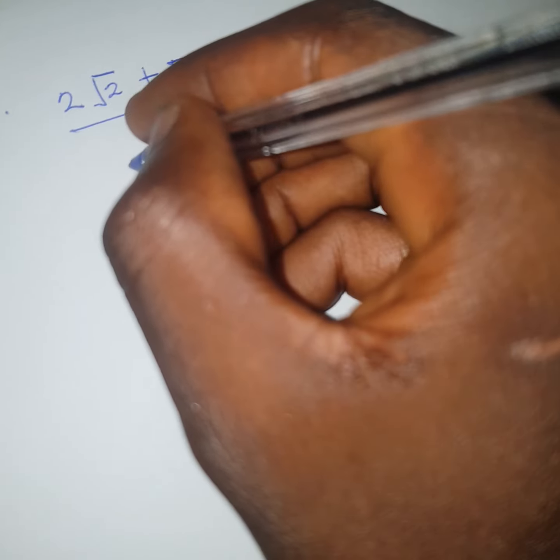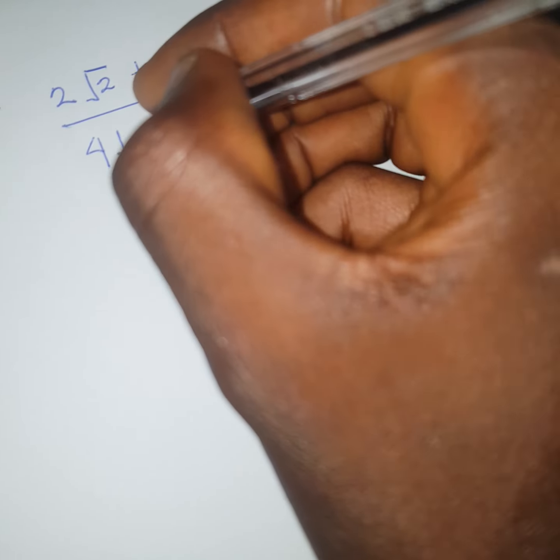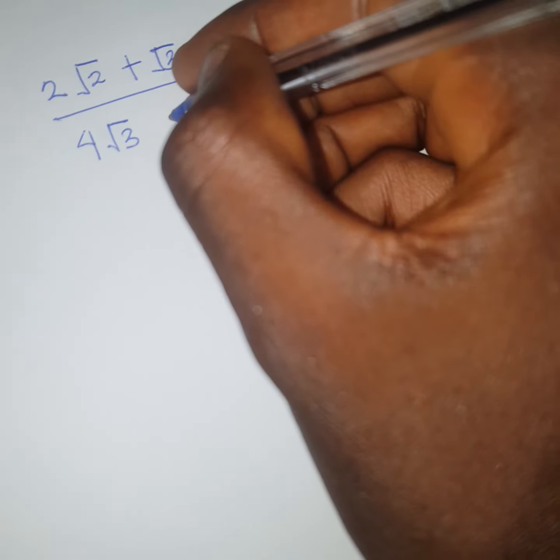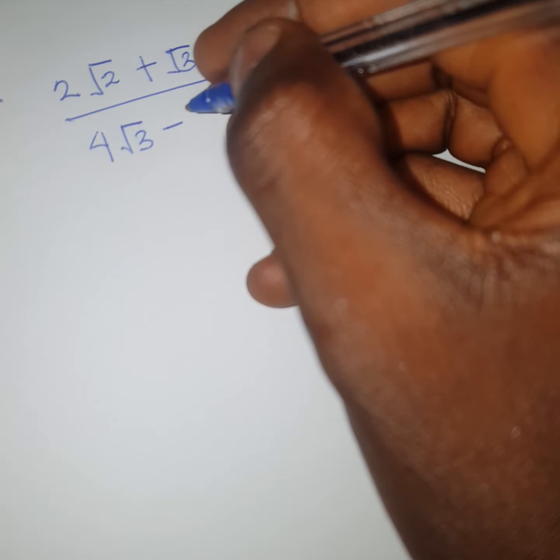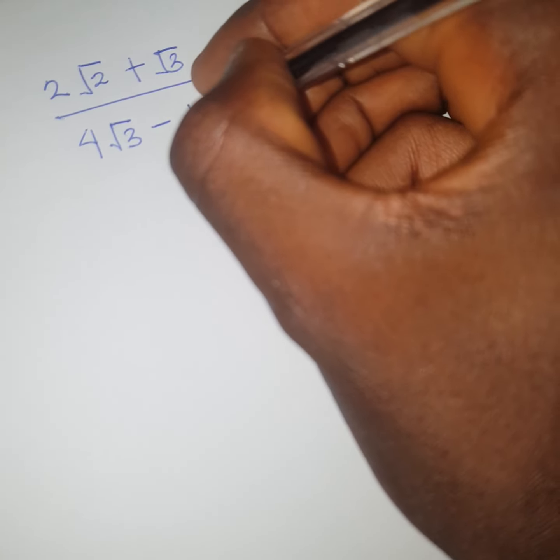So our fourth example, which is 2 root 2 plus root 3 all over 4 root 3 minus root 2.